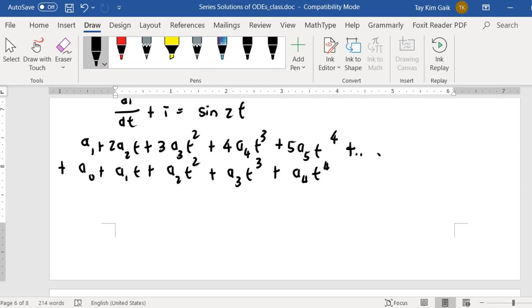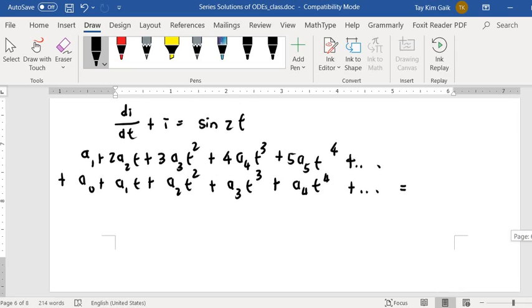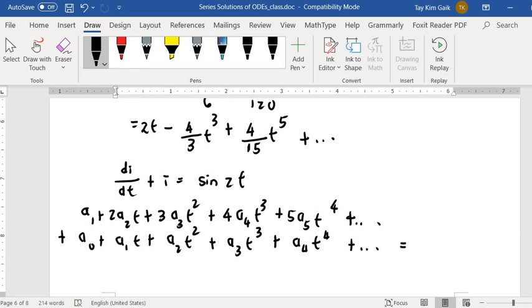Okay, the first line is for the dy/dt. Then equal to sin 2t, which must be obtained here, equal to 2t minus 4 thirds t cubed plus 4 over 15 t power 5. So check out if this is y: a0, a1 t, a2 t squared, a3 t cubed, a4 t power 4.